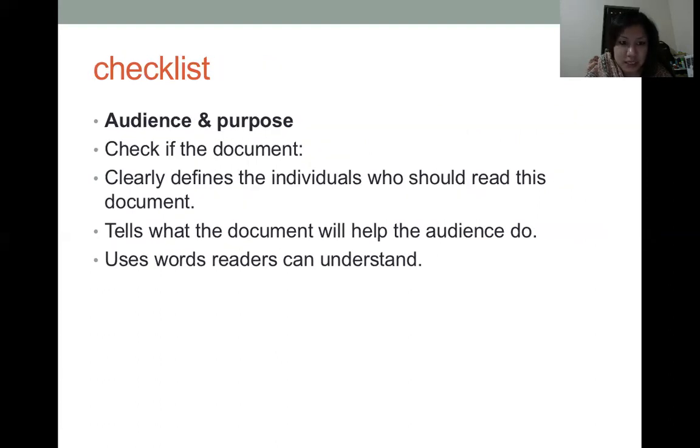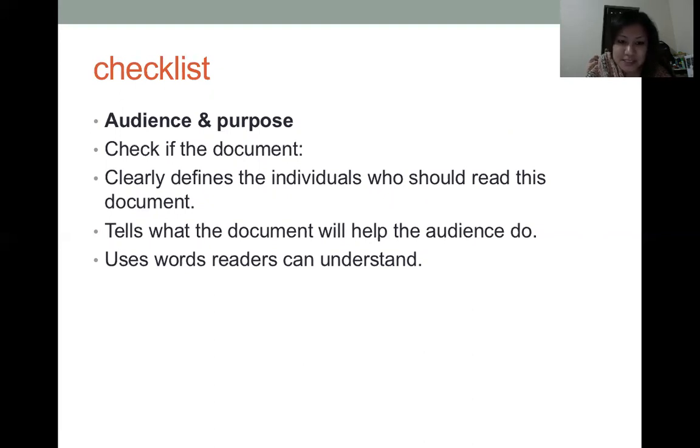So some of the checklists: the audience and the purpose that the document serves. For example, check if the document clearly defines the individuals who should read this document. So it's target audience specific information.